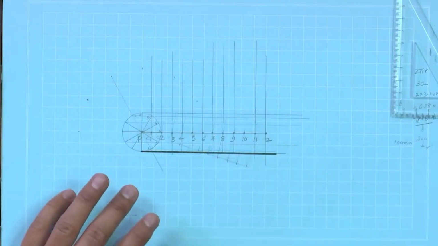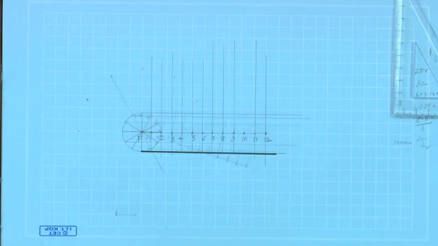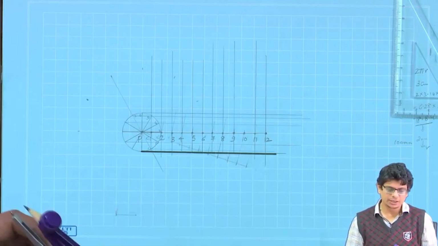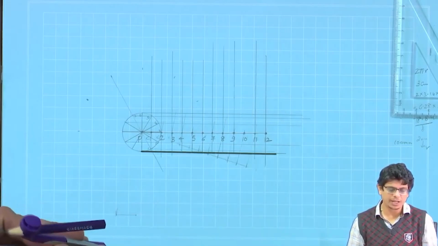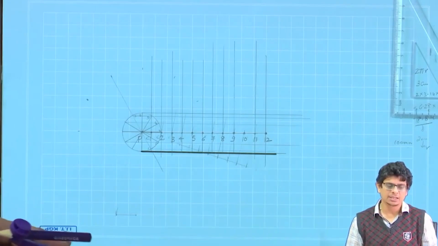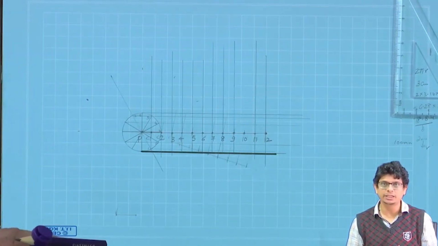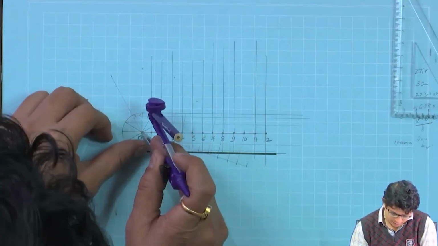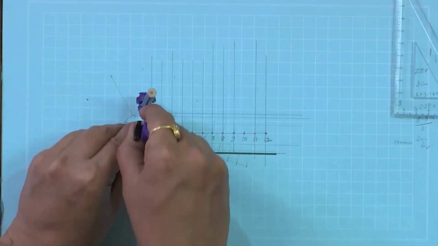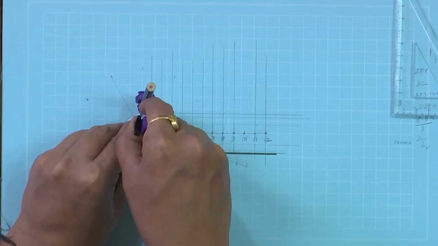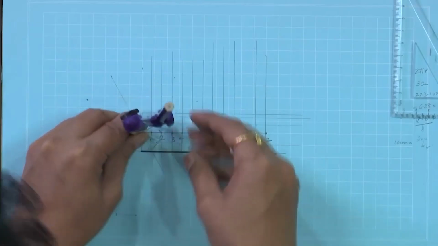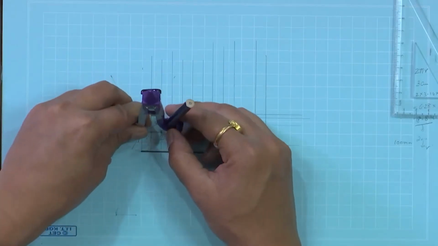So, on these lines we have to make arcs. First of all, with compass and circle radius, make arcs on the lines with centers C1, C2, C3 and so on. So, first of all this is the radius we can locate.